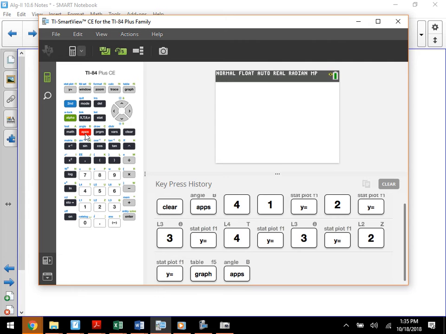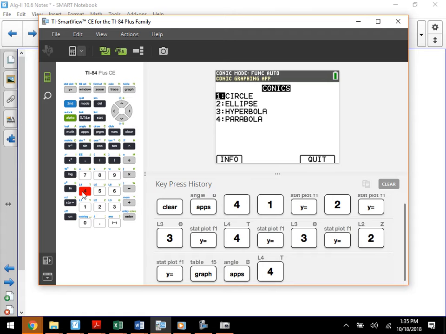When we hit apps, does everybody have a conics option? We had a couple people first hour that did not. It depends on if somebody got into the calculators and deleted a bunch of the apps. I just have to re-upload it. So go to your conics one, and I'm going to show you guys what everything means.